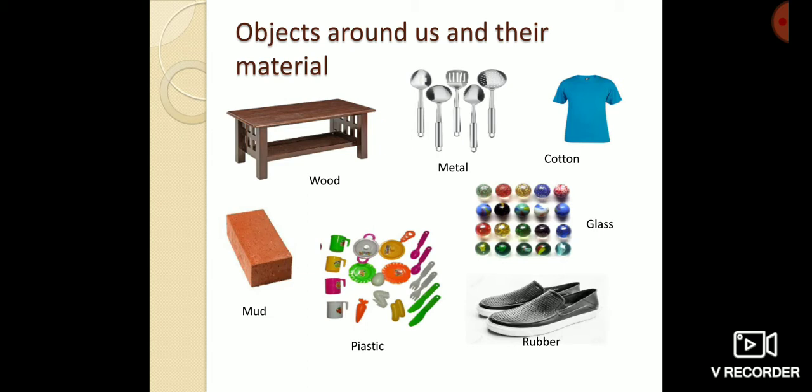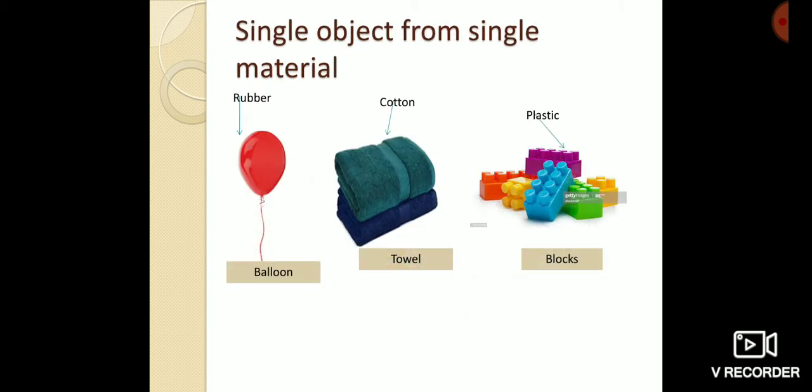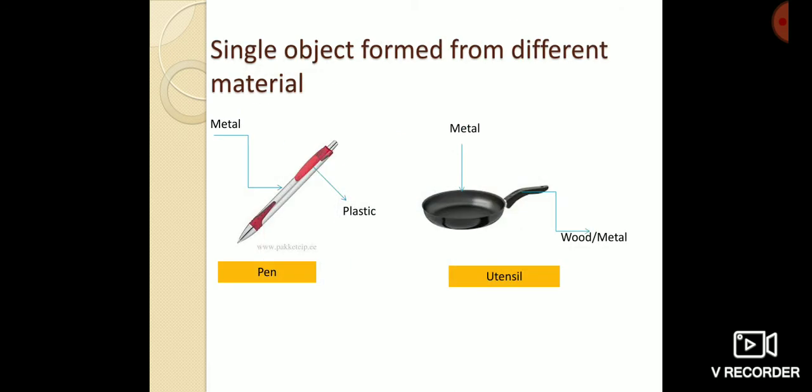While classifying the object, we have to consider a few things. The first one is a single object from a single material. A single object is usually formed from a single material. For example, a balloon is made of rubber, a toy is made of plastic, a towel is made of cotton. Second, a single object is usually formed from different materials.